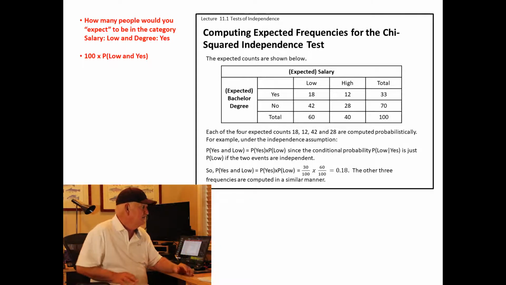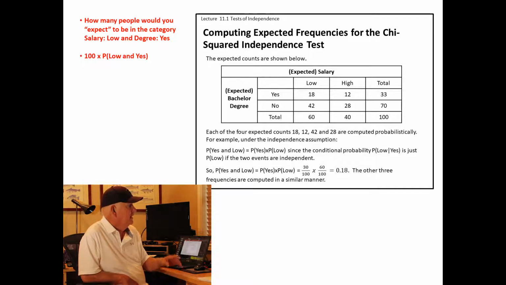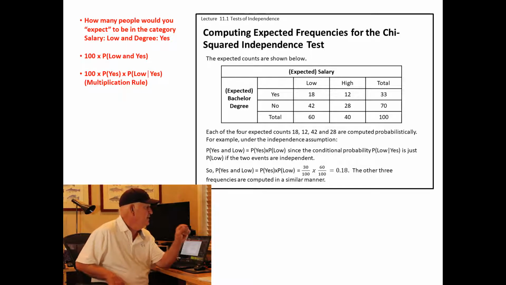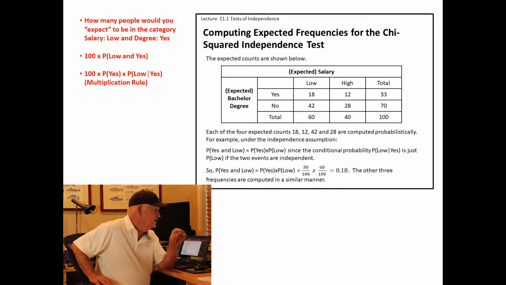So, okay, now I just got to go calculate P low and yes, right? I have to use the multiplication rule in order to do that calculation. And that multiplication rule says P low and yes is P yes times the conditional probability of P low given yes, right? So we're right back to the probability theory that we thought we left back there chapters ago.